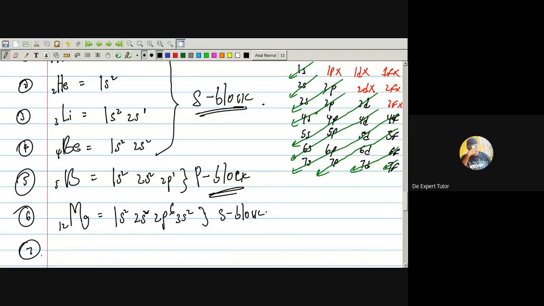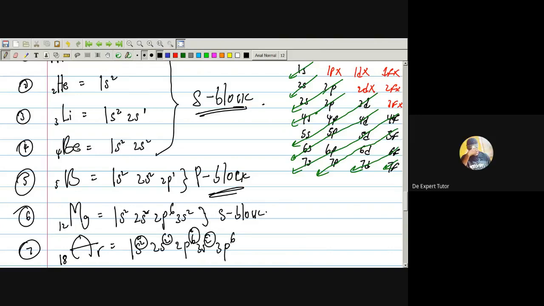Let's look at another one. Let's look at argon, which is number 18. What do we have? 1s2, 2s2, 2p6, 3s2 occupied. After 3s2, I'm going to 3p. If I occupied everything, how many do I have? 2 plus 2 plus 6 is 10.